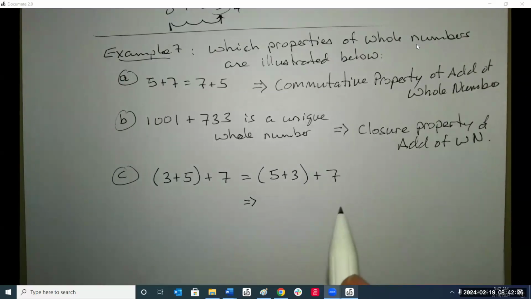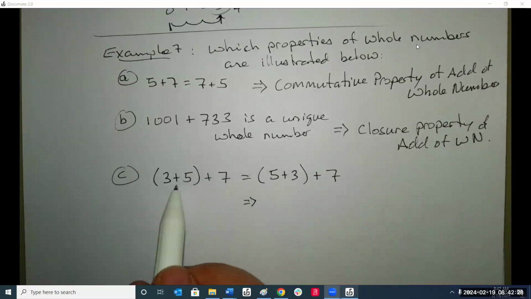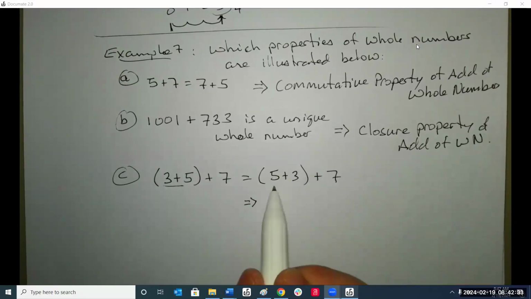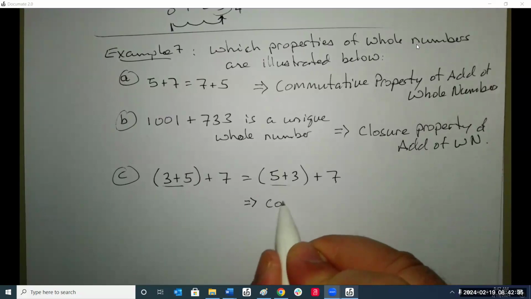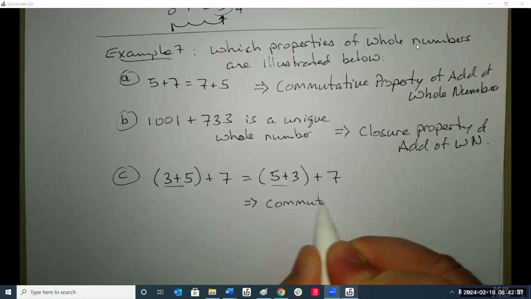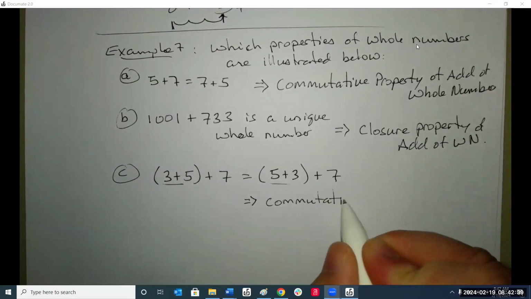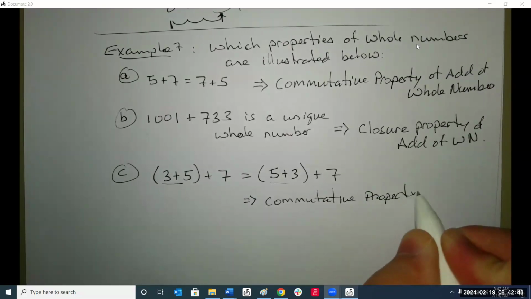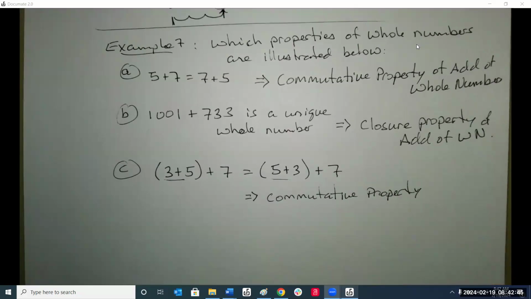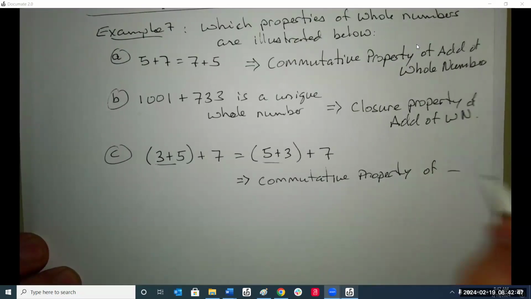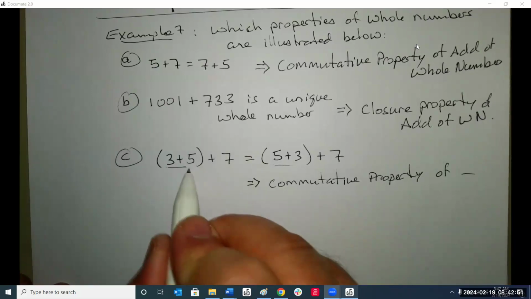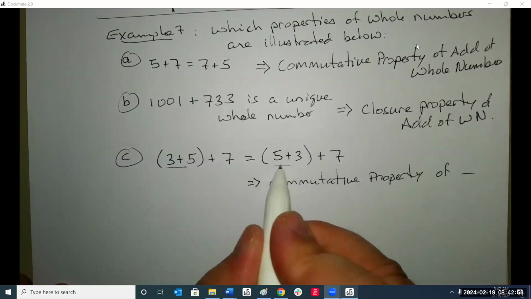The associative property is when I group the first two, then I group the last two. The only thing I did here was switch these two. So this is the commutative property of addition, because again, associative is the first two and the last two. All we did here is switch these two around.